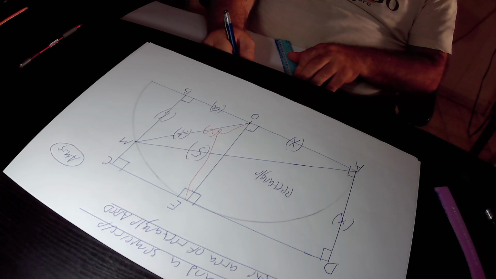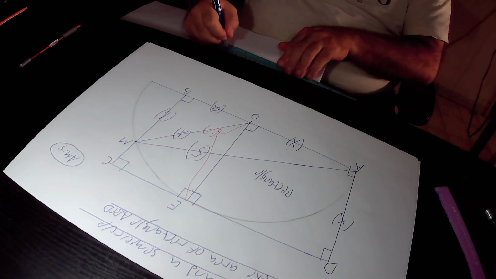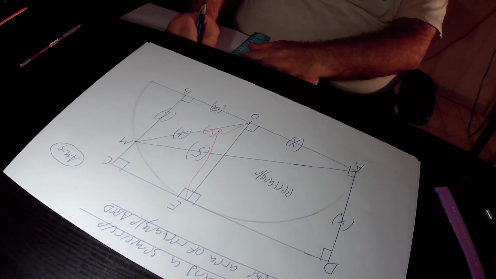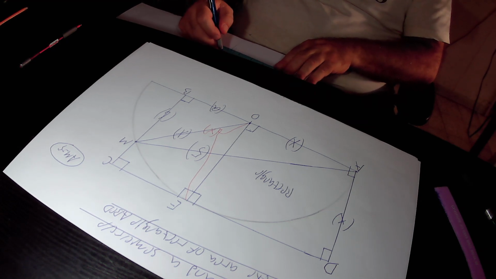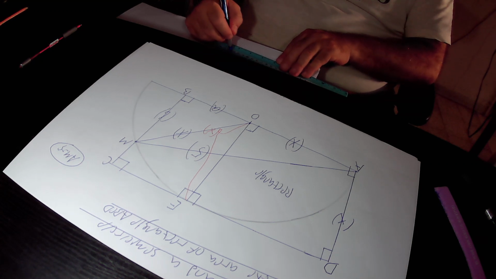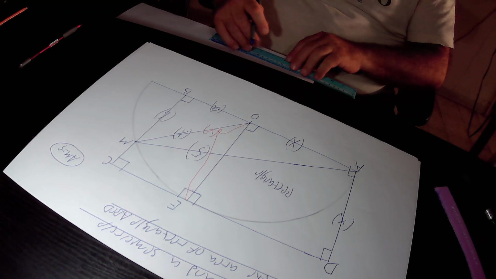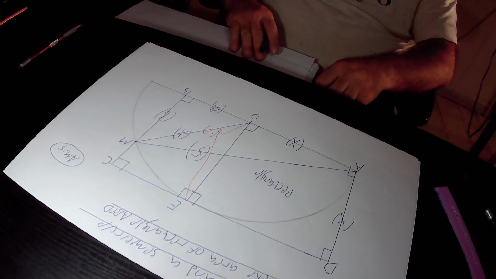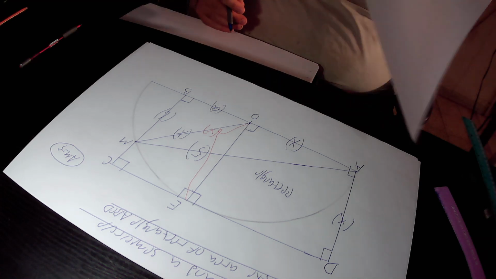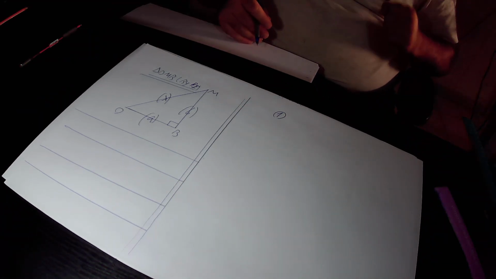Here, PT is the preparation for the Pythagoras theorem. So actually, this is the small right triangle OMB that I copied from the original drawing.